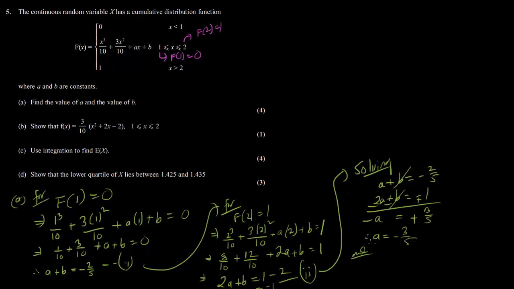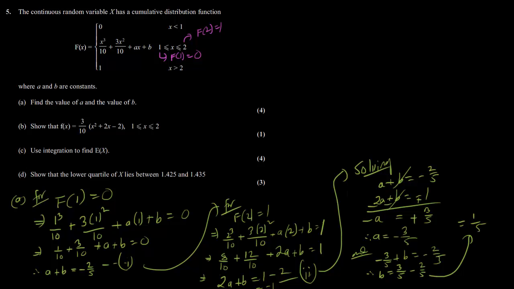And for finding the value of b, a plus b equals minus 2 by 5. So a is minus 3 by 5, plus b equals minus 2 by 5. Therefore b equals 3 by 5 minus 2 by 5, which is 3 minus 2 is 1, so that would be 1 by 5.